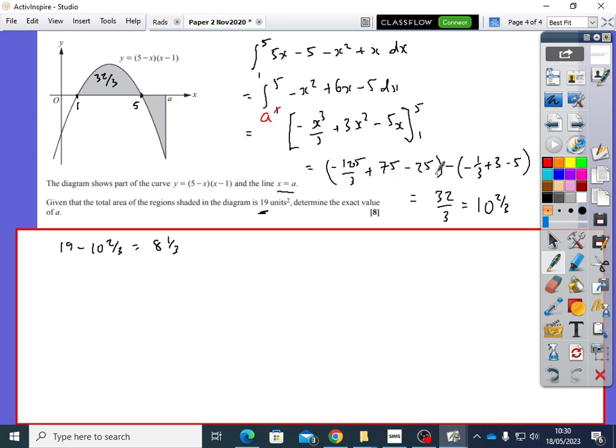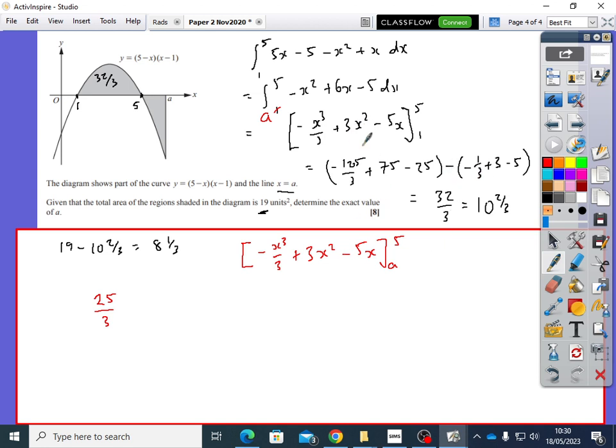So that part here, let me just say that again, I'm putting the limits into this expression, x cubed over 3 plus 3x squared minus 5x, 5 and a. So if I put the 5 in here, I'm going to get 25 over 3.